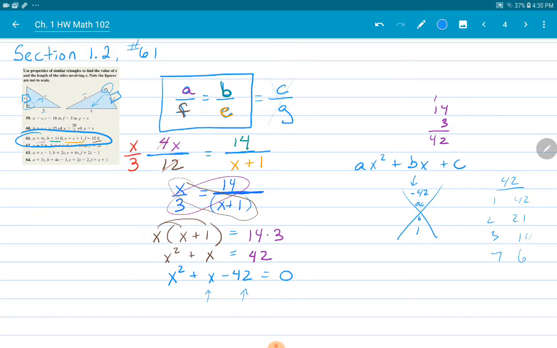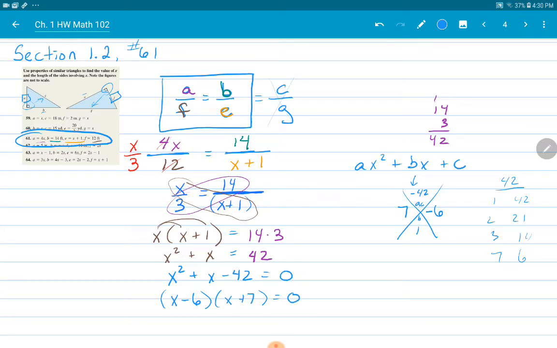There we go. 7 and 6 have a difference of 1, and they have a product of 42. I want one of those to be negative, so I get a negative 42, and I want the 6 to be negative, so when I add them together, I get a positive 1. So then this factors to x minus 6 and x plus 7.